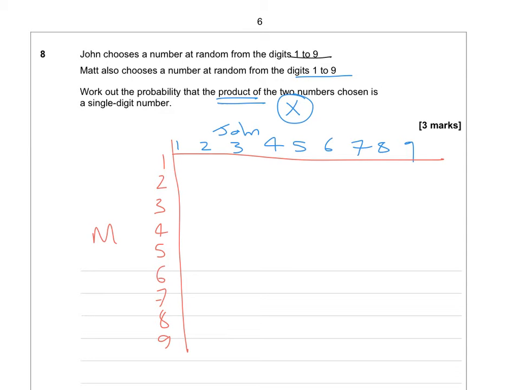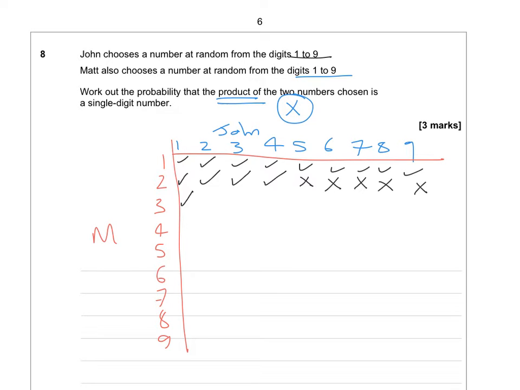So we can see 1 times 1 would be 1, 1 times 2 is 2, and all of these would be accepted. 2 times 1 is 2, 2 times 2 is 4, 2 times 3 is 6, 2 times 4 is 8, but 2 times 5 is 10, so we cannot include any of these combinations after 2 multiplied by 5, which is 10. So we keep on going.